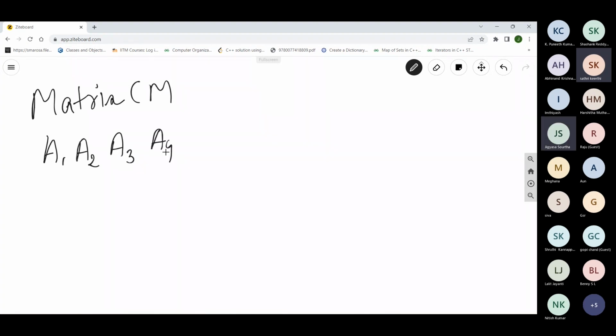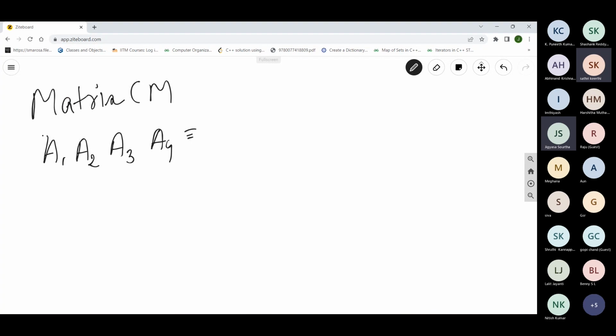So let's begin with the matrix chain multiplication. Let's say you have been given four matrices, A1, A2, A3, and A4, and you need to multiply them.